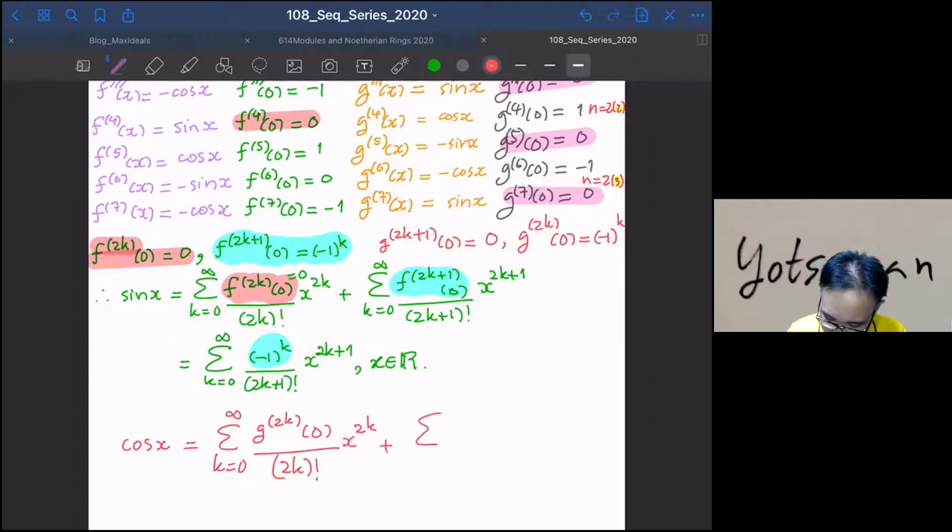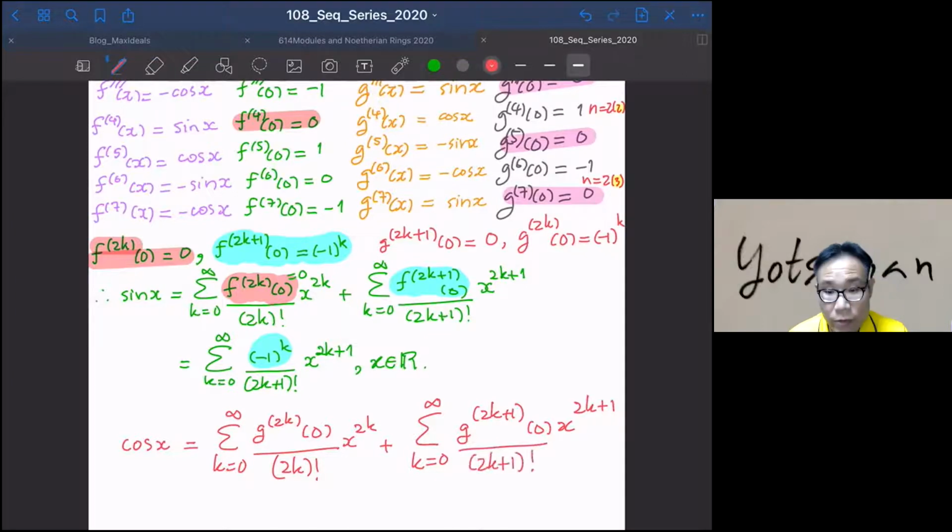And you have the series k equal to 0 to infinity of g of 2k plus 1 at 0, x to the 2k plus 1 over 2k plus 1 factorial.